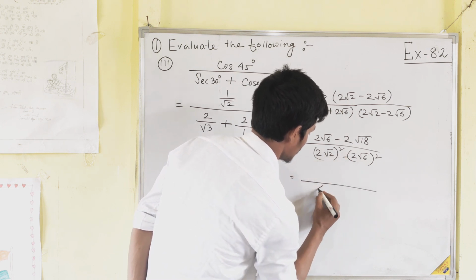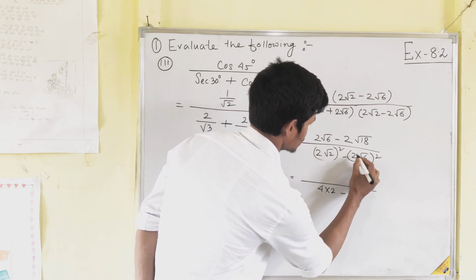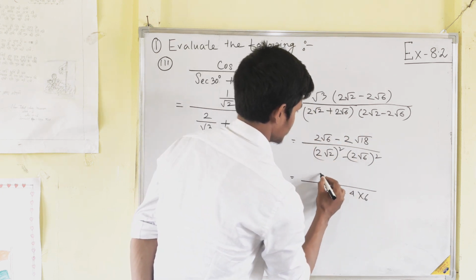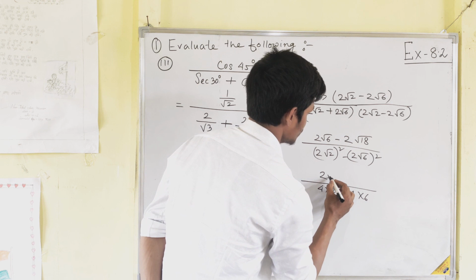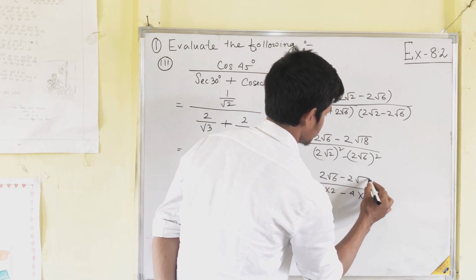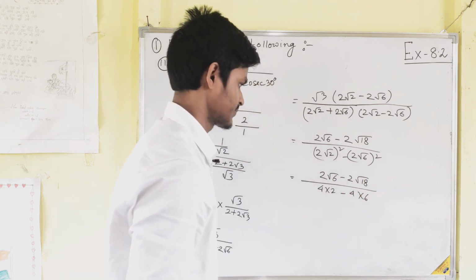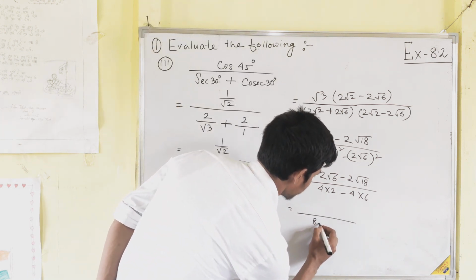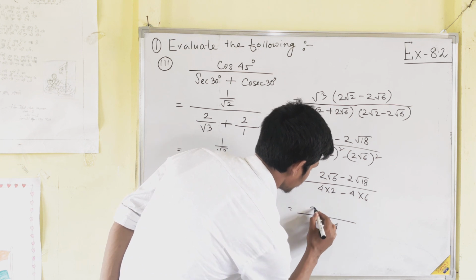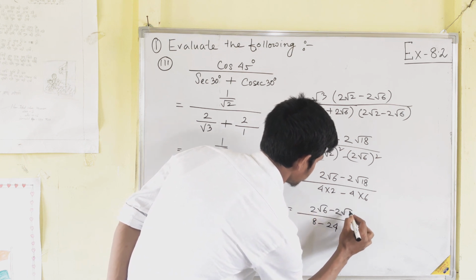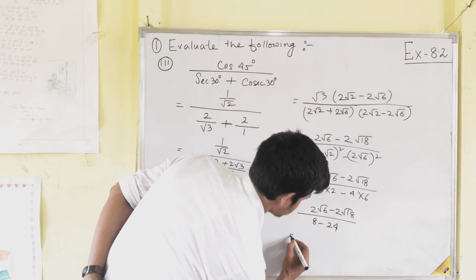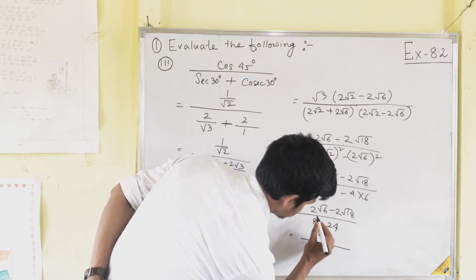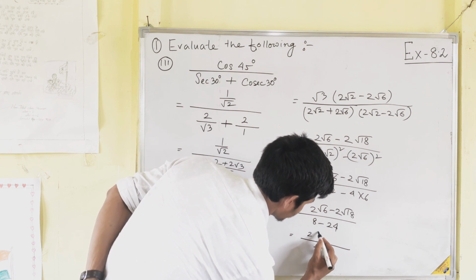So 2 square is 4 into root 2 square is 2. 2 square is 4 and root 6 square is 6. And here you write 2 root 6 minus 2 root 18. So here 4 2s are 8 minus 4 6s are 24, and here you get 2 root 6 minus 2 root 18. 8 minus 24 is minus 16, and 2 will be common here.